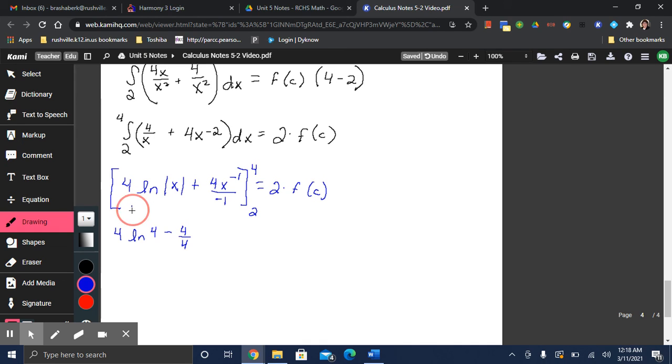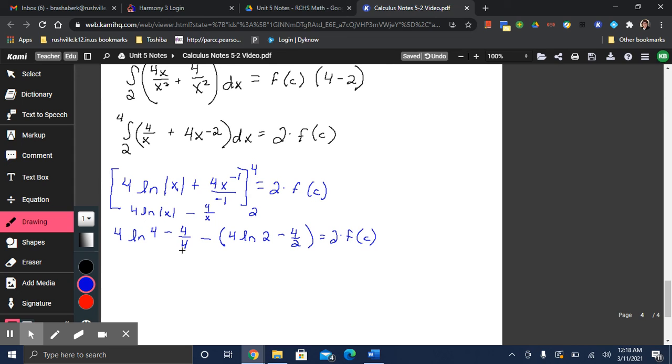I might squeeze that in right here. 4 natural log absolute value of x minus 4 over x. That's what we're working with right here. So this would be 4 natural log of 4 minus 4 over 4, and then minus, okay, I'll use a parentheses. We're doing 4 times the natural log of 2. Again, I don't need absolute value for that. Minus 4 over 2. And then equals 2 f of c.